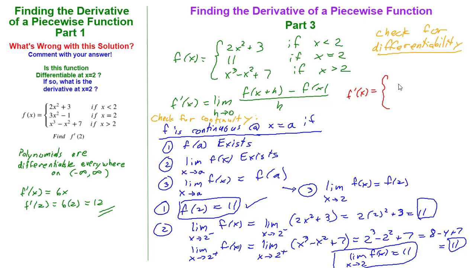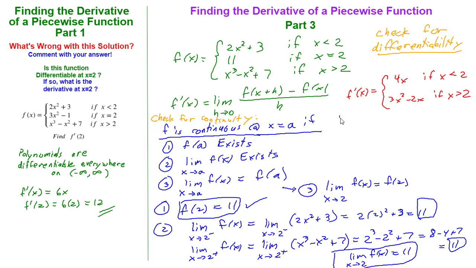So the derivative from the left, using the power rule, that's going to be 4x. So this is if x is less than 2. And from the right, using the power rule, we have 3x squared minus 2x. That's if x is greater than 2.